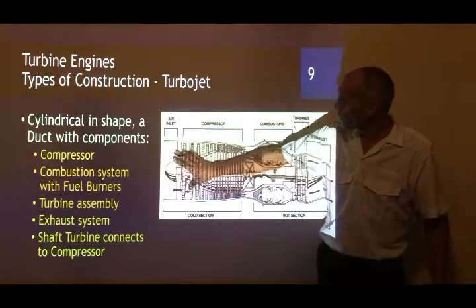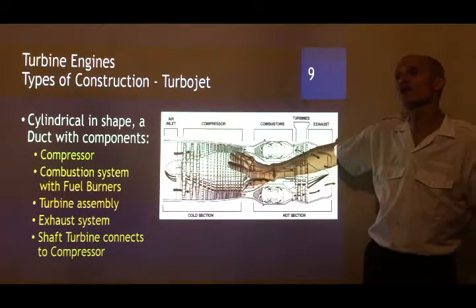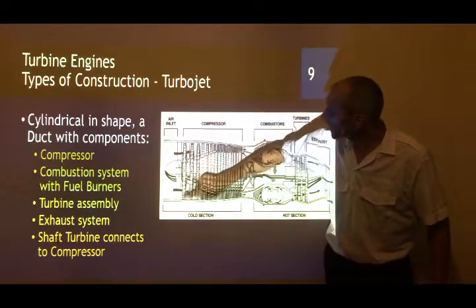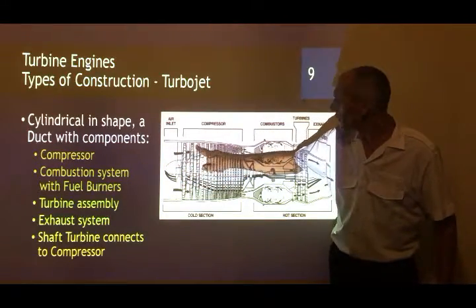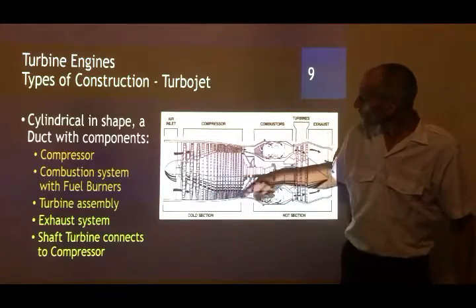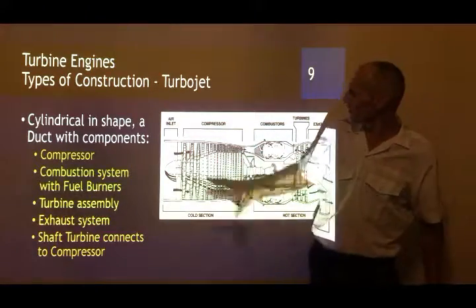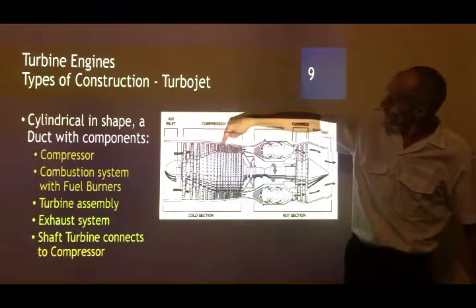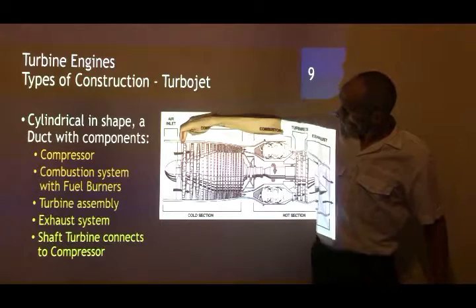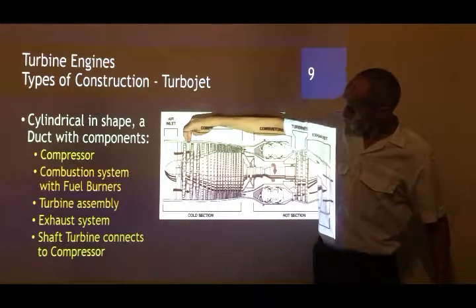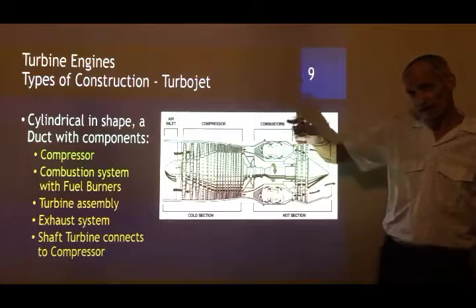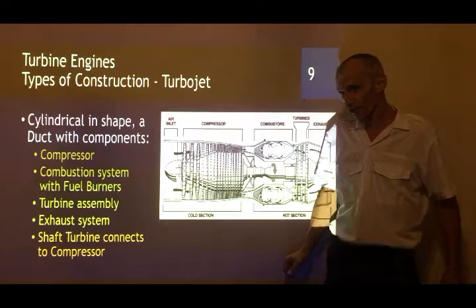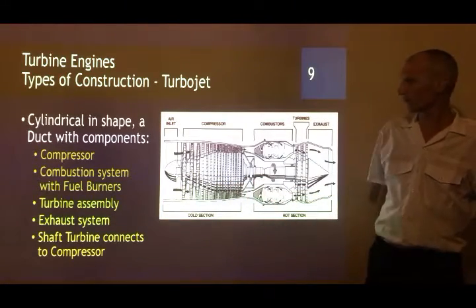Right here, the compressor consists of a series of aerofoils that are connected to a disc. This is an axial type compressor, and it compresses the gas throughout. It's got multiple stages of compressor where there's a stator and a rotor. A stator and a rotor is one stage.